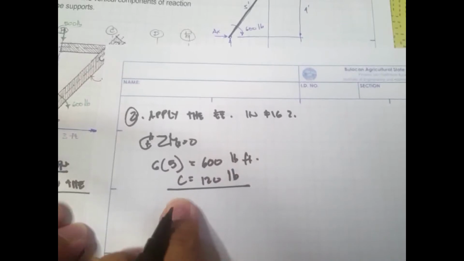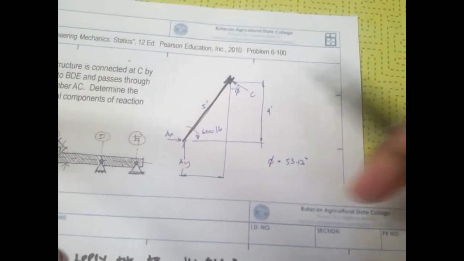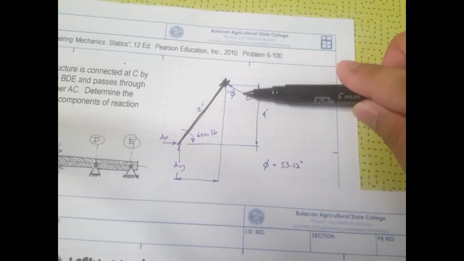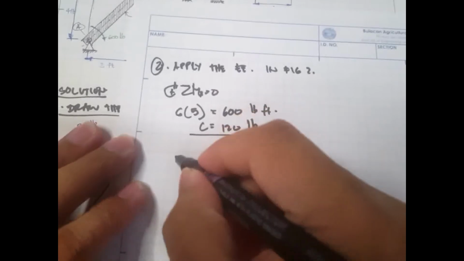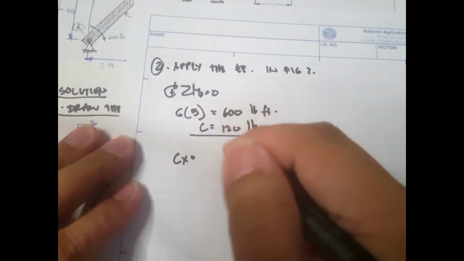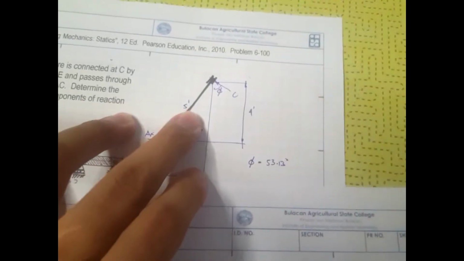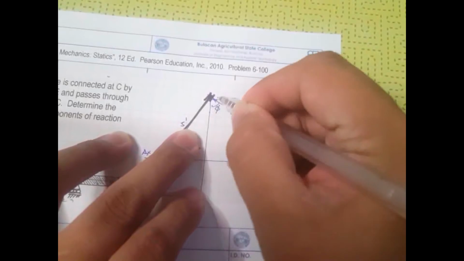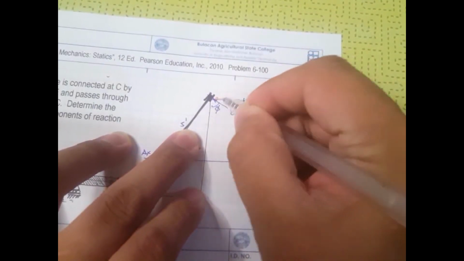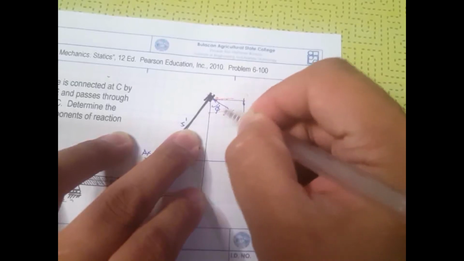Okay, so if we have C, then to solve for AX and AY, we need to convert this in terms of its X and Y components. So CX is simply equal to C sine theta. Why sine theta? It's simply because this is opposite over hypotenuse.